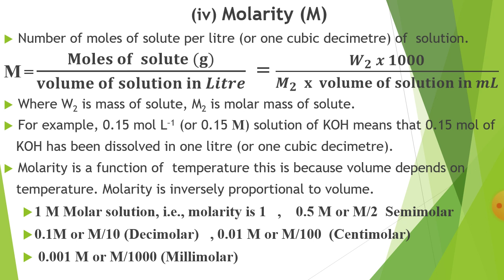If volume is given in ml and the number of moles is given in terms of mass and molar mass, you can write the formula: W2 multiplied by 1000 divided by M2 multiplied by volume of solution in ml, where W2 is the mass of solute, that is the given mass, and M2 is the molar mass of solute, that you have to calculate from the formula.